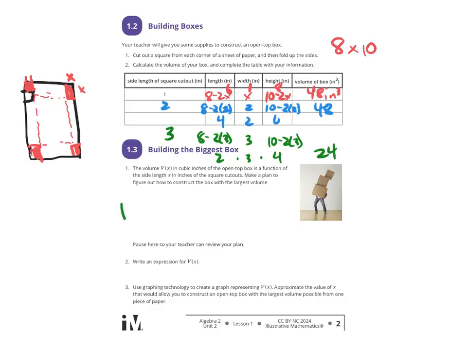So volume of an open top box is equal to the length of paper you use, whatever the side length is. So if the side is 8, you subtract 2x, because you cut off 2 lengths, times x, times the other side, if you use an 8 by 10 inch piece of paper. Okay, that's our expression.